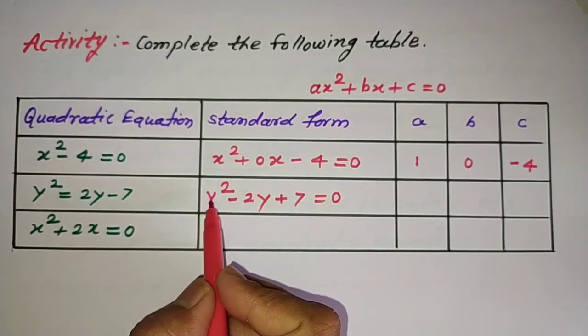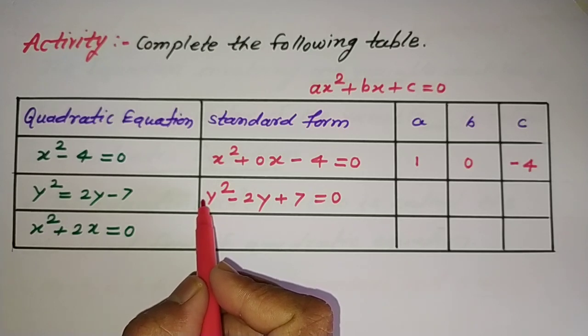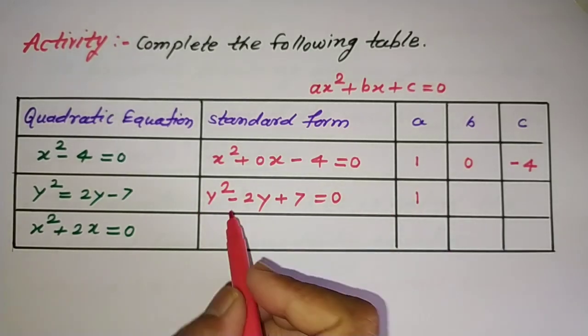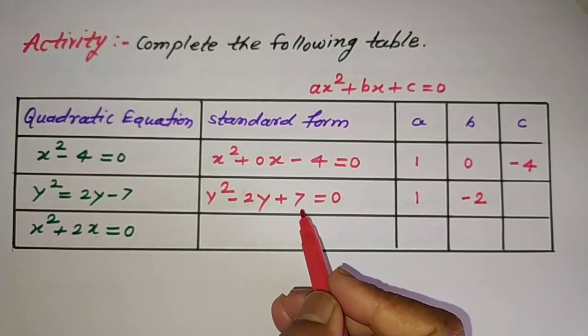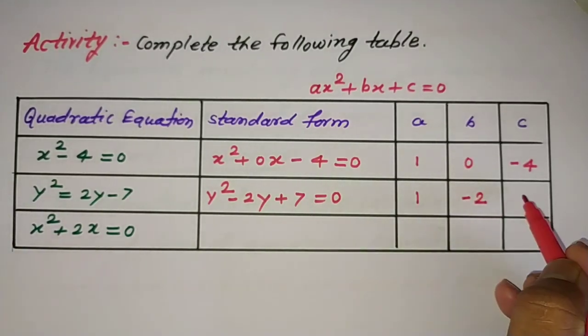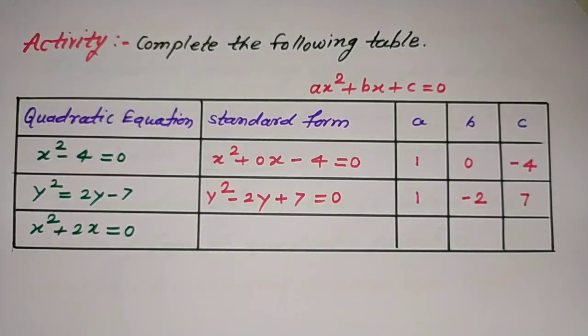The value of a, the coefficient of y square, is 1, the value of b is minus 2, and the value of c, the constant, is 7.